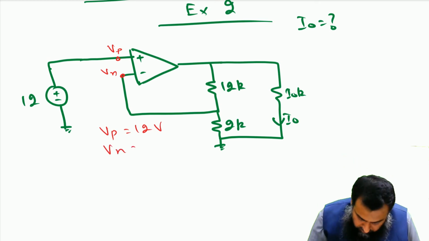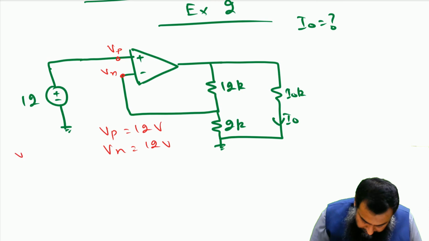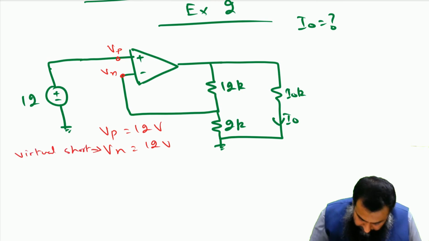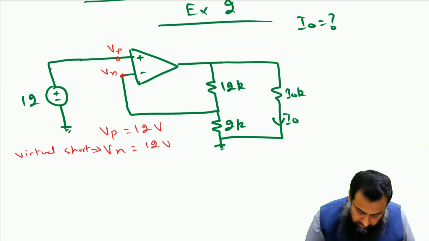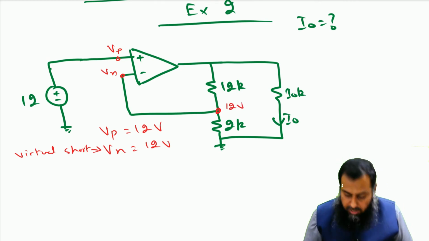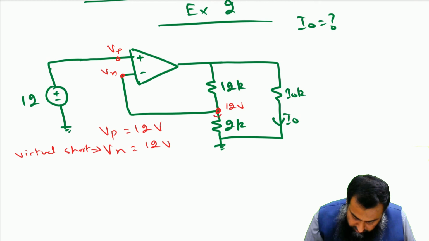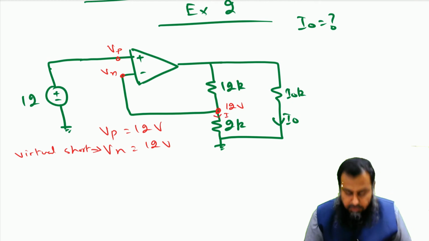So Vn is also equal to 12 volt. Now that this is equal to 12 volt, this particular point is also equal to 12 volt, and therefore we can find out the current I flowing through this particular branch.